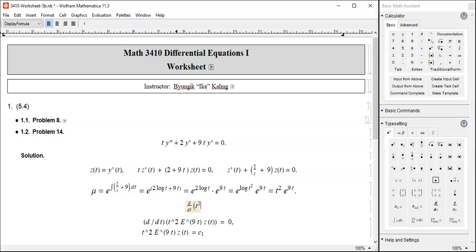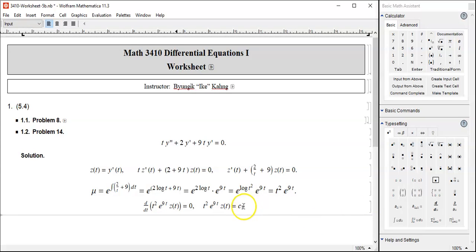t squared e to the 9t times z of t is 0. Therefore, t squared times e to the 9t times z of t is equal to C1, an arbitrary constant, but I named it C1 because I have to take the antiderivative again because this is actually y prime.